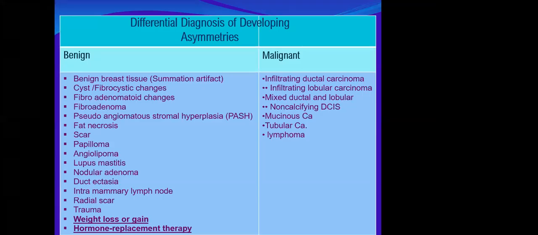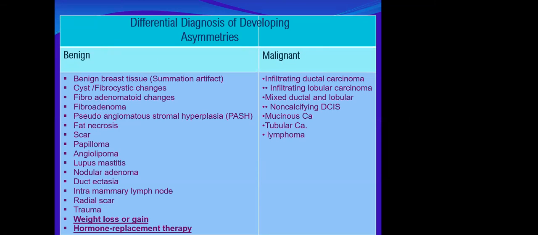And as we mentioned, the differential diagnosis of developing asymmetry is a long list, starting from benign tissue, summation artifact, cyst, fibrocystic change, fibroadenomatoid change, fibroadenoma, pseudoangiomatous stromal hyperplasia, fat necrosis, scar, papilloma, angiolipoma, lupus mastitis, nodular adenosis, duct ectasia, intramammary lymph node, radial scar, trauma.